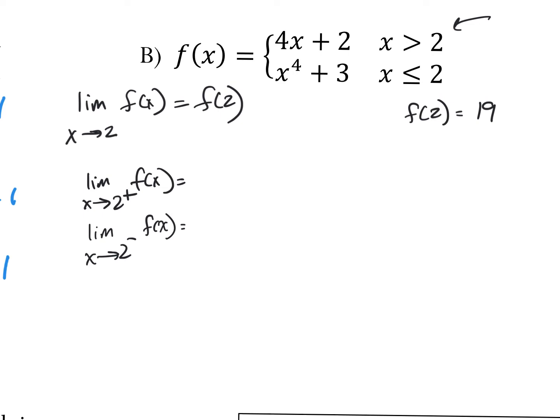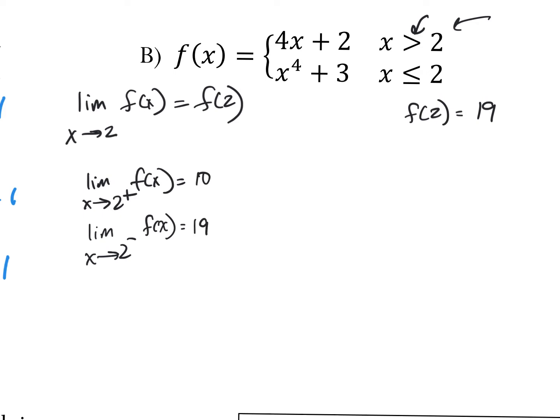The top one or the bottom one? The top. Why the top? Because that's where the x numbers are to the right of 2. And when I plug 2 in there, I get 10. And 2 from the left, I get 19.